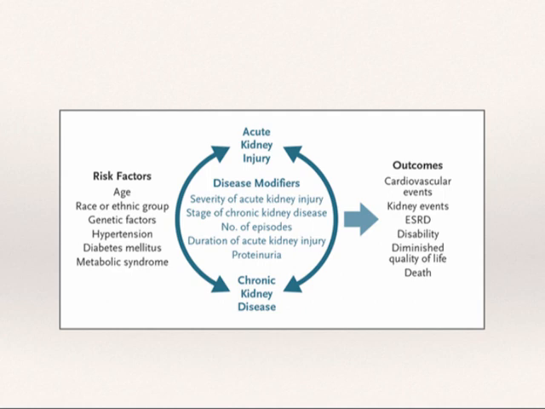Same thing with diabetes, it affects the blood flow. Metabolic syndrome too, because they tend to have high lipid levels, they tend to have hypertension, and sometimes they tend to have diabetes as well. But we worry about the development of chronic kidney disease, and we want to halt that process and protect the kidneys.